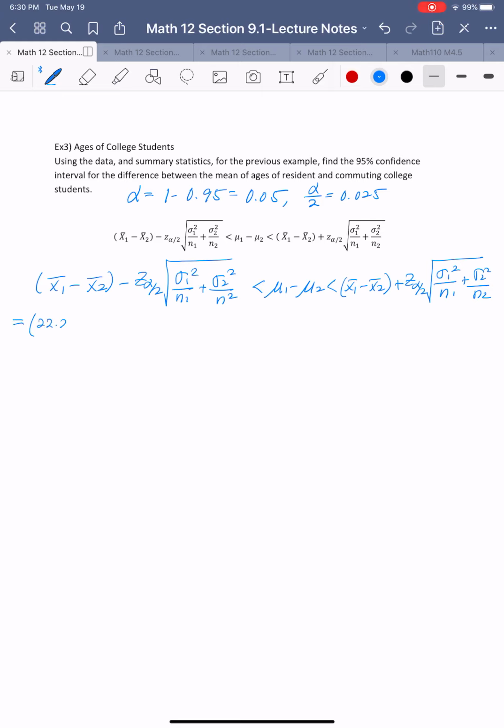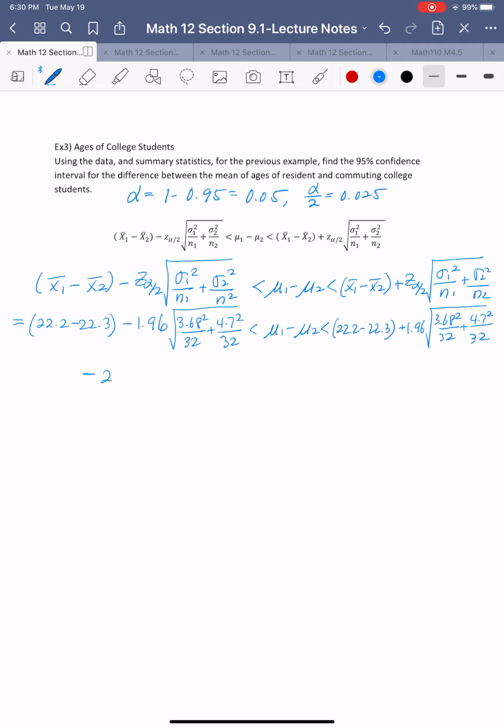I got 22.2 minus 22.3, and z sub alpha over 2 is going to be 1.96 if you use the area of 0.025. Then you get 3.68 squared over 32 plus 4.7 squared over 32, and on the other side, 22.2 subtract 22.3 plus 1.96 times the same square root.